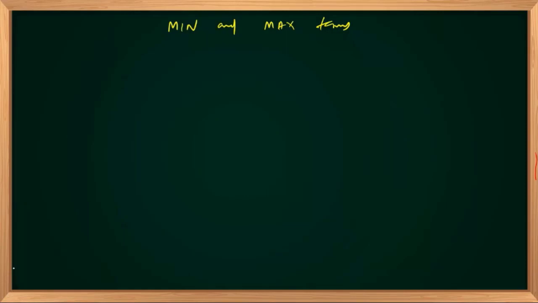The main portion in yesterday's class was min and max terms. You are now familiar with min and max terms. You can easily identify min and max terms from a truth table. The function can be expressed either using min terms or using max terms.